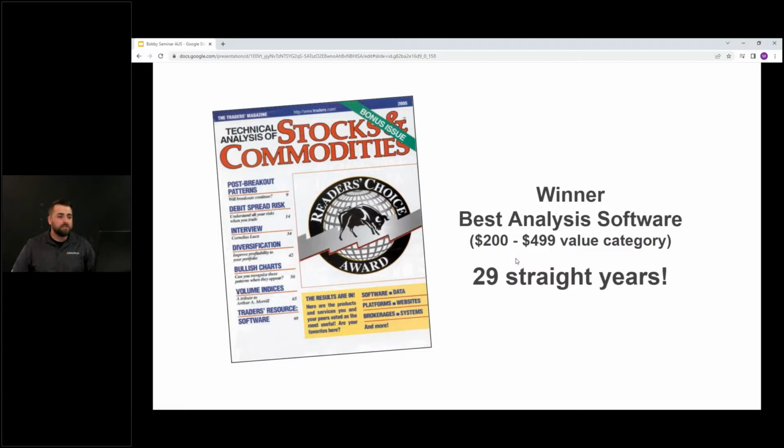In regards to MetaStock again, we have won the best analysis software in our price category for 29 straight years in a row now, according to Technical Analysis of Stocks and Commodities magazine. Their readers have chosen our software as the best performing and best analysis software that they've used for over 29 straight years.